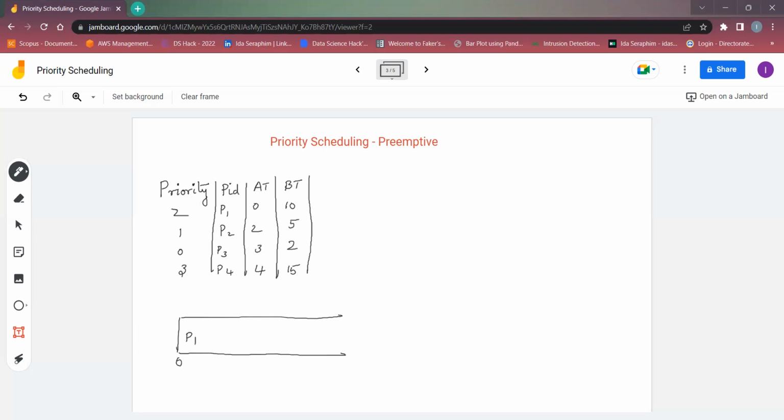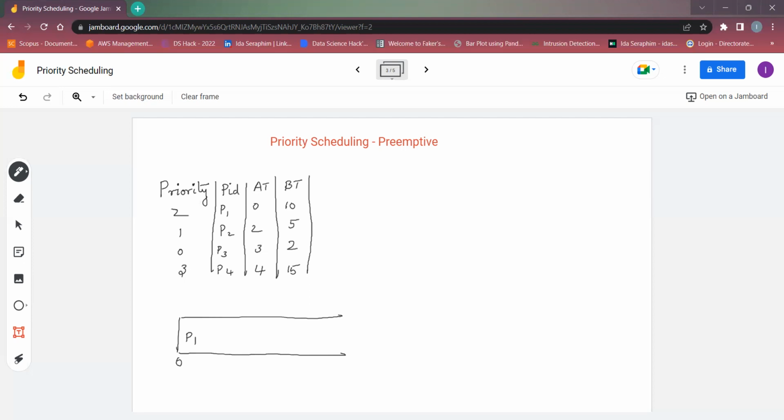When it reaches the 2nd millisecond, P2 arrives. Process P2 has the priority value 1. As of now, P1 is having the CPU and executing.